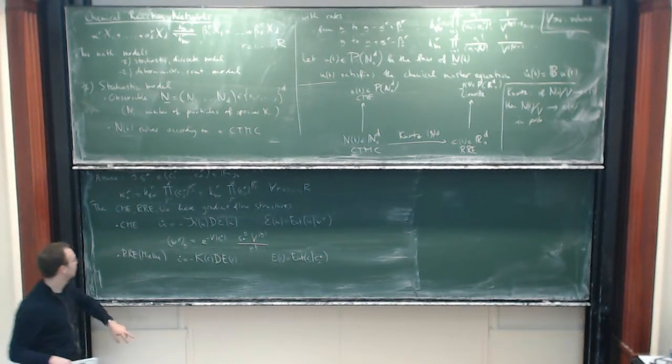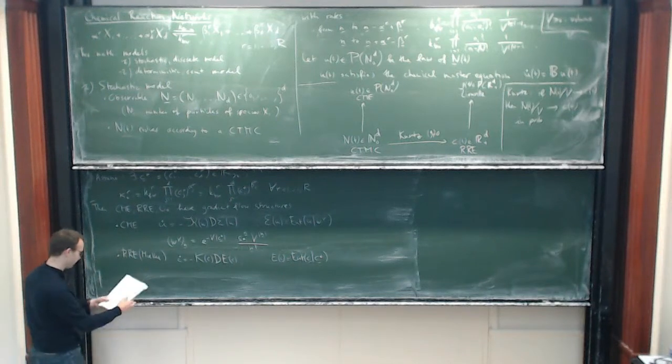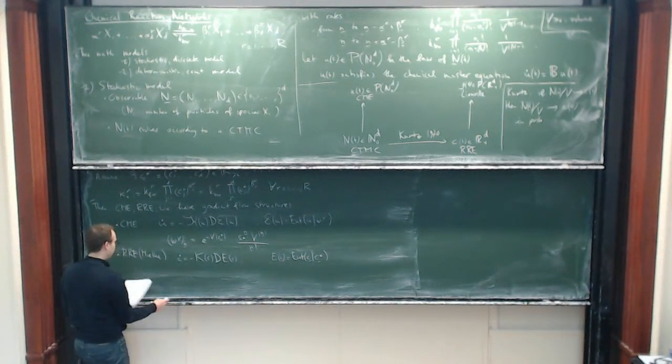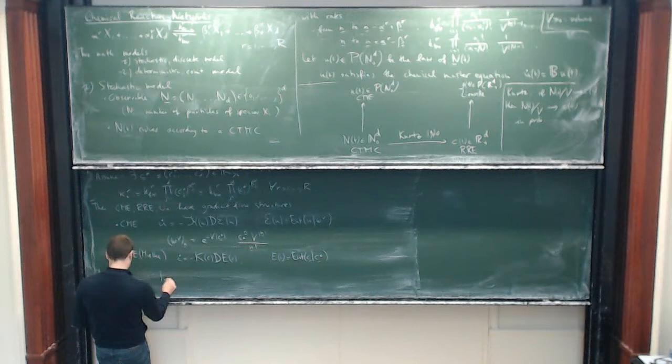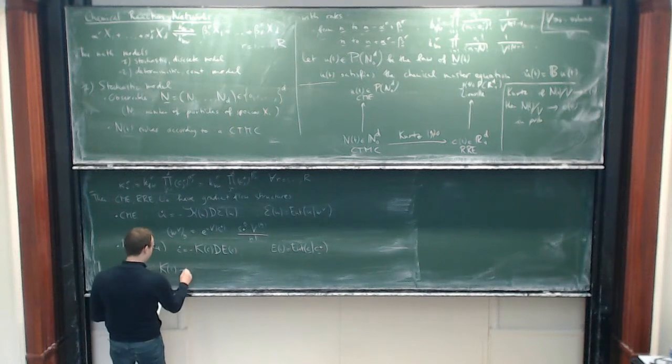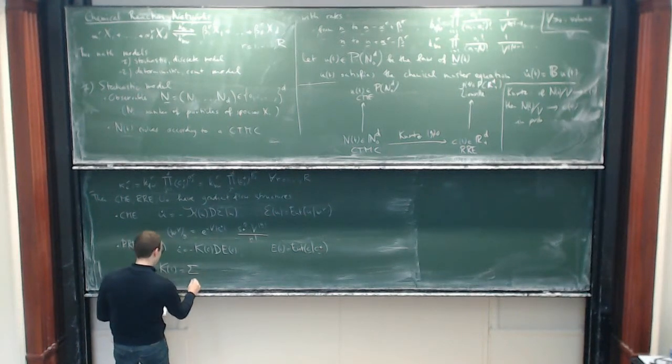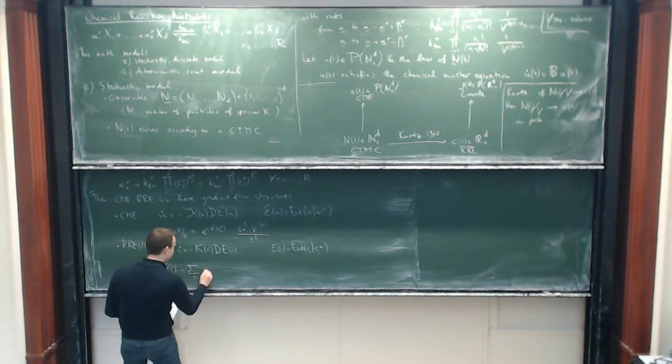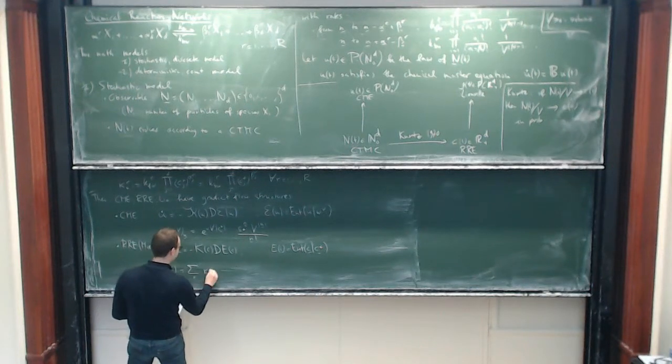And I can write down what the K is actually. So maybe let me do it. Again, this is a positive definite symmetric matrix. So I sum over all reactions. Then there are these constants appearing.